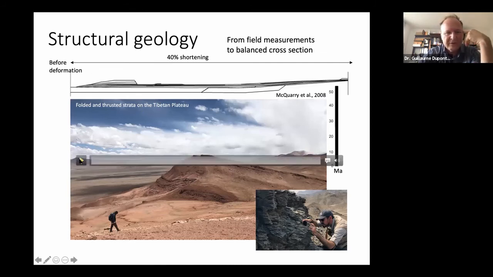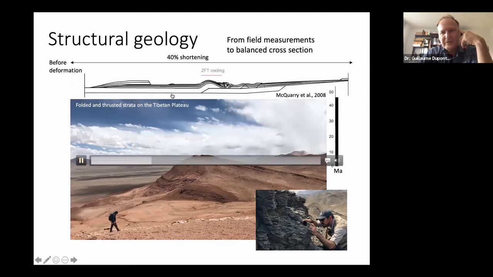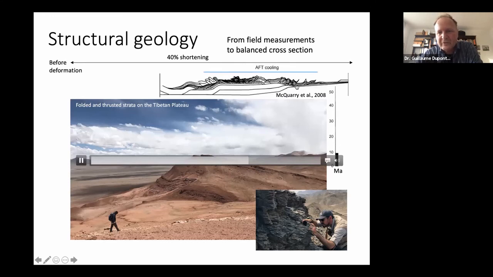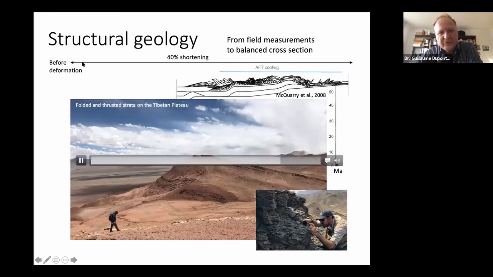And this movie is a nice example, showing how the geometry of the rocks as they have deformed can tell us how it used to be, and so how much shortening in this example has been accommodated by the different structures that you can measure in the field or that you can get from other data, from subsurface data. I'm going quite fast on this because I think it's basic geological knowledge.